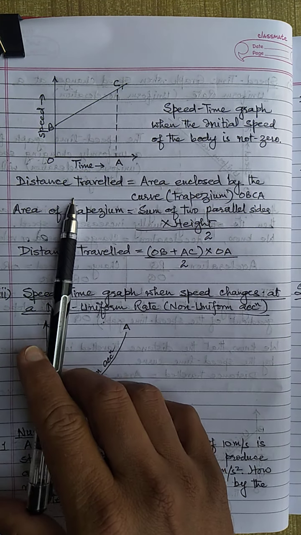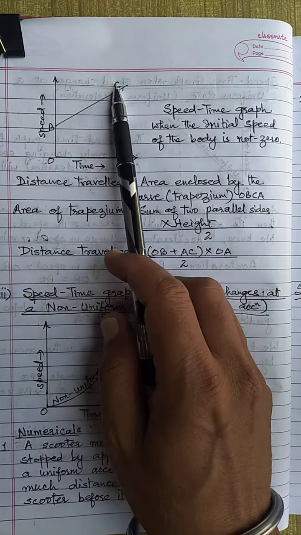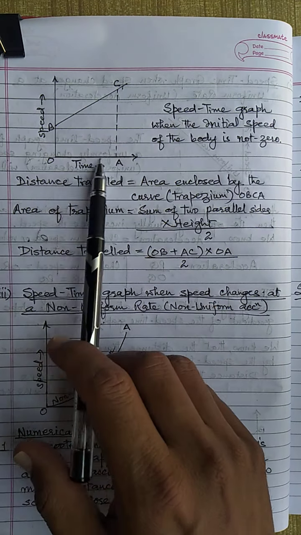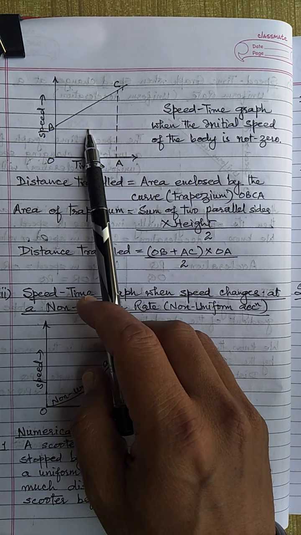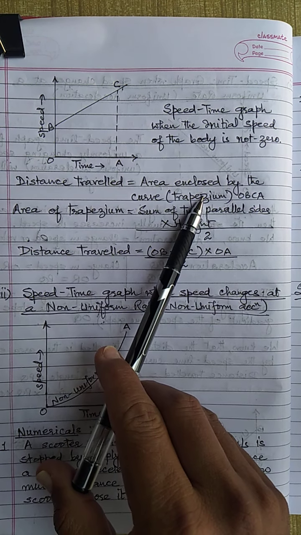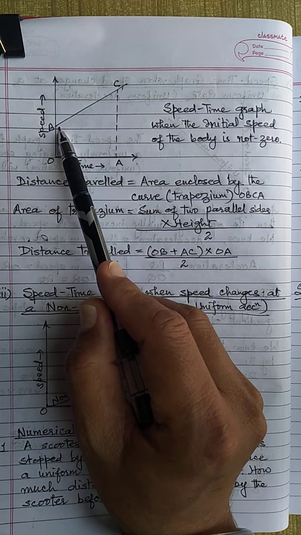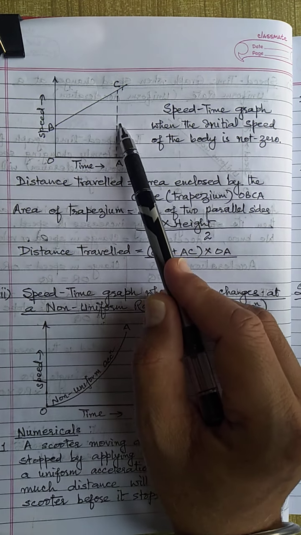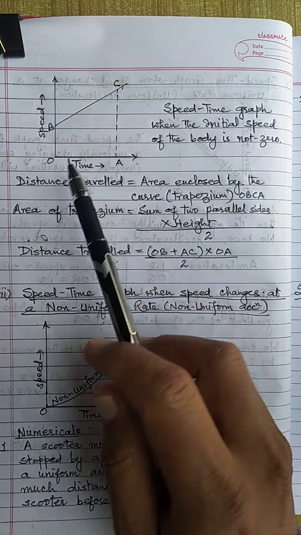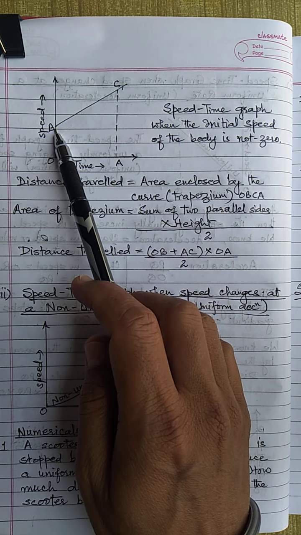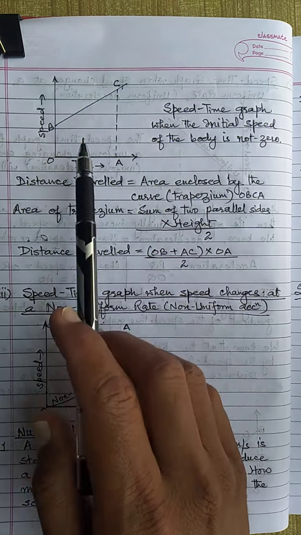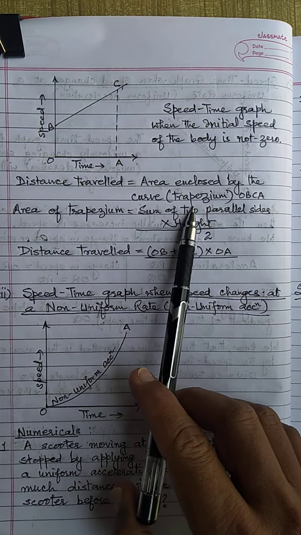Now we will find the distance. We know the distance is the area under the curve, or the area enclosed by the curve. Now here it is neither a triangle nor a rectangle. So it is a trapezium, or you may say it is a triangle plus a rectangle. We can find it either by summing the area of the rectangle and the area of the triangle, or we can just use the area of the trapezium.